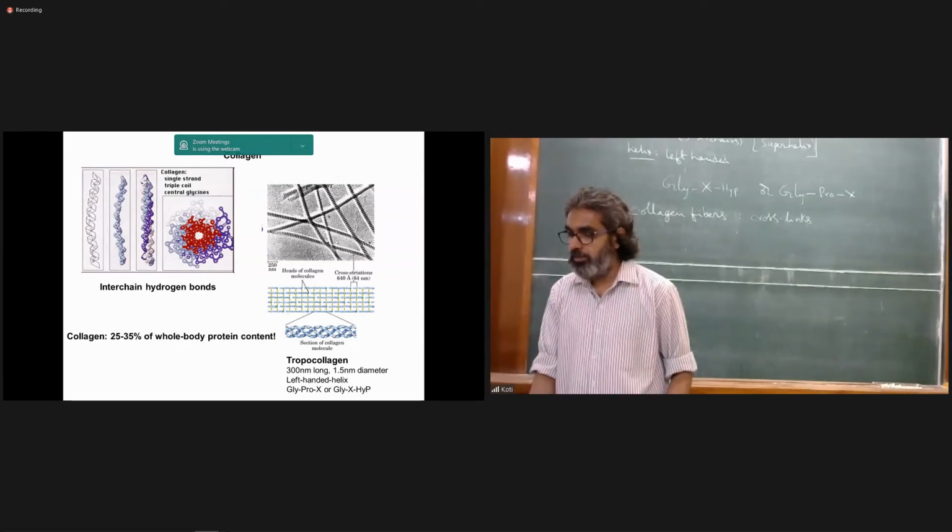Interestingly, this image shows how two fibrils can cross-link. At the top, you see there's a cross structure. You see, these are not just sitting on top of each other. There might be cross-links between fibrils.